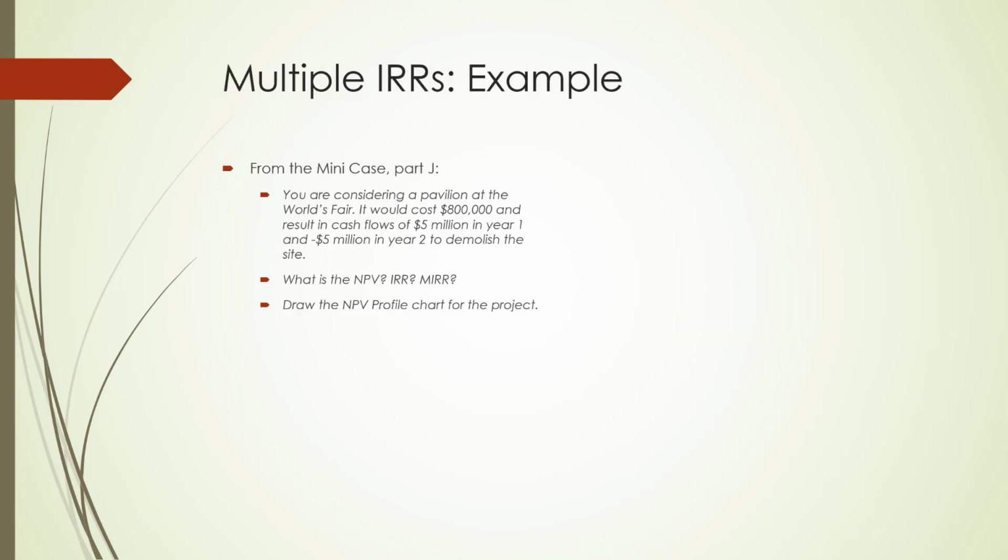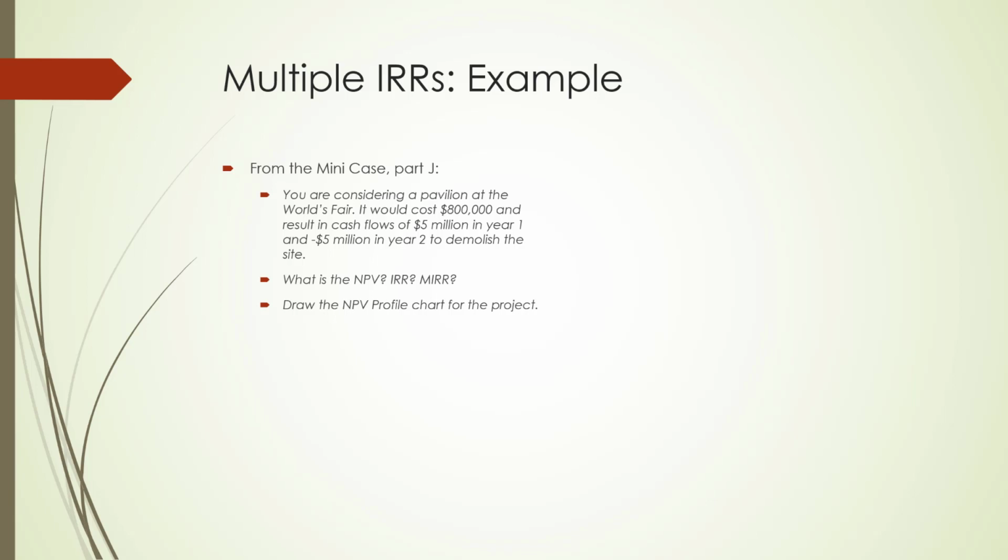Now, in part J of the mini case, they give us an example of non-normal cash flows. So you're considering a pavilion at the World's Fair. It would cost $800,000 and result in cash flows of $5 million in year one and negative $5 million in year two to demolish the site. So notice that we go from a negative $800,000 to $5 million.